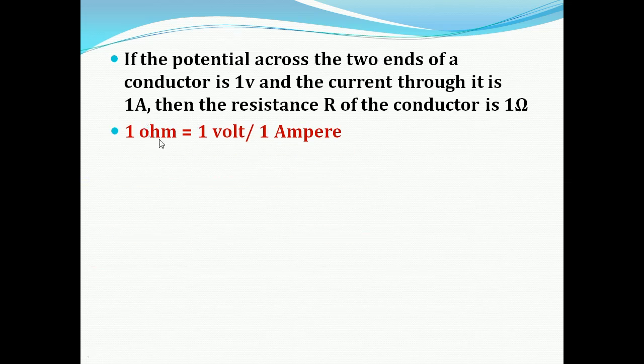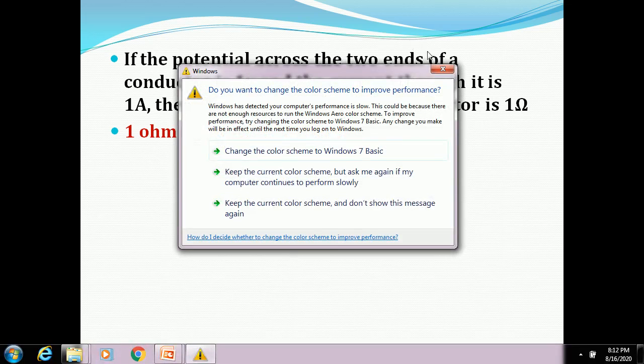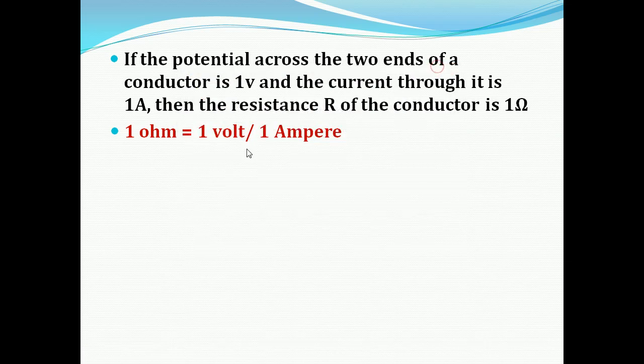So 1 ohm is equal to 1 volt divided by 1 ampere, where the volt is the potential difference and the ampere is the current. So R is equal to V by I. That is, 1 ohm is equal to 1 volt by 1 ampere.